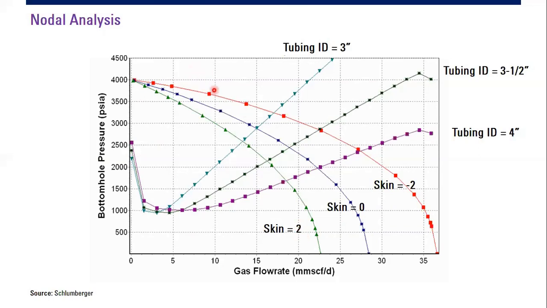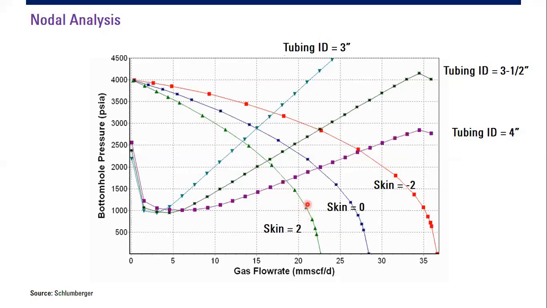The IPR with skin of -2 will be bigger, fat, which means we can have higher flow rate. If we have formation damage, positive skin, the IPR will shrink, will be slim, and it means we will have a low flow rate.